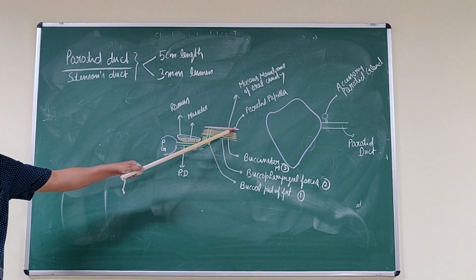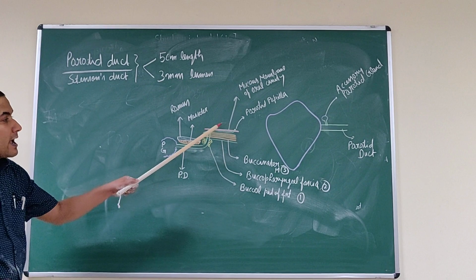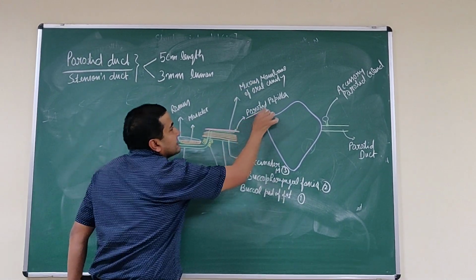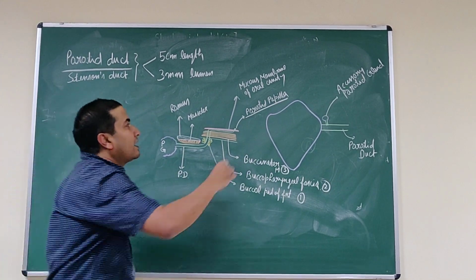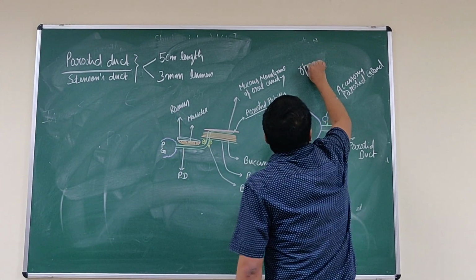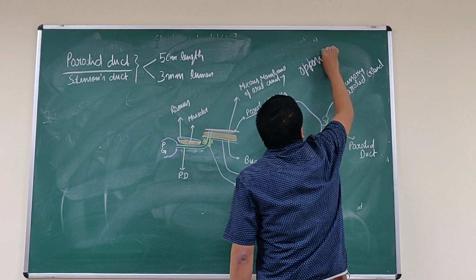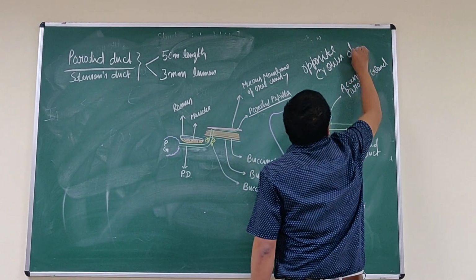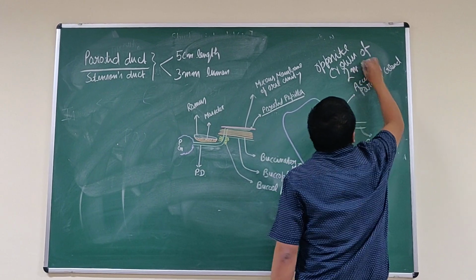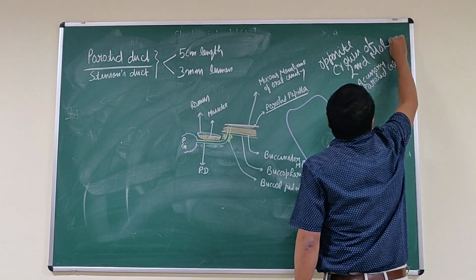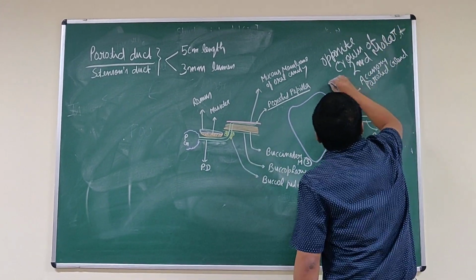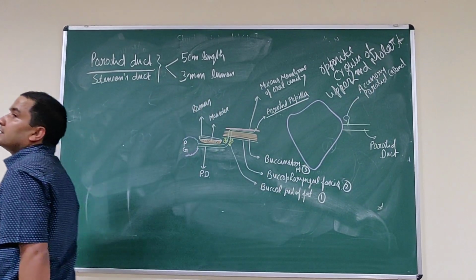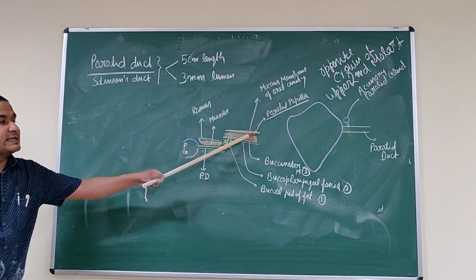Then ultimately it goes to the third bend and pierces this mucosa and opens as the parotid papilla opposite the crown of the upper second molar tooth. This parotid duct opens there.